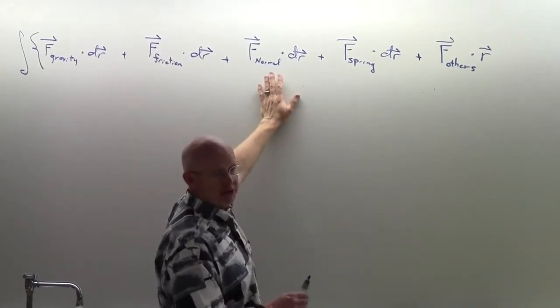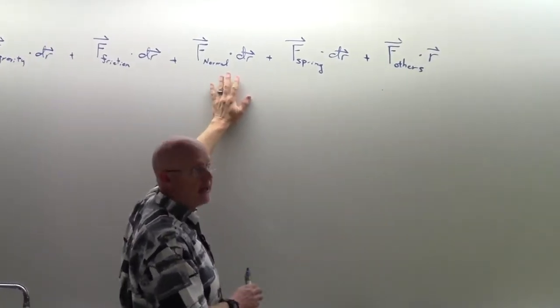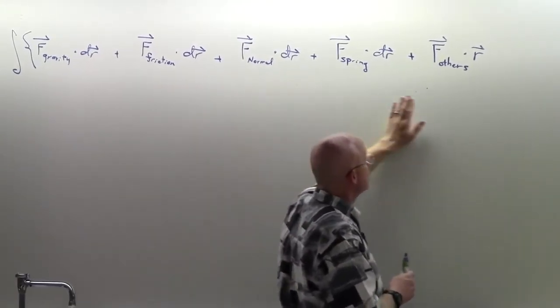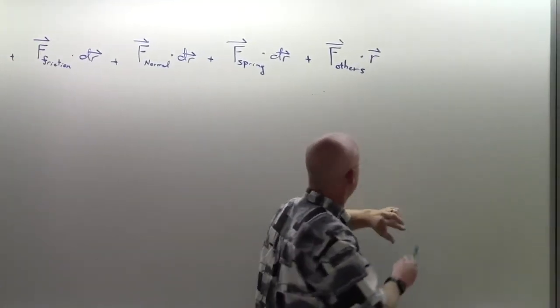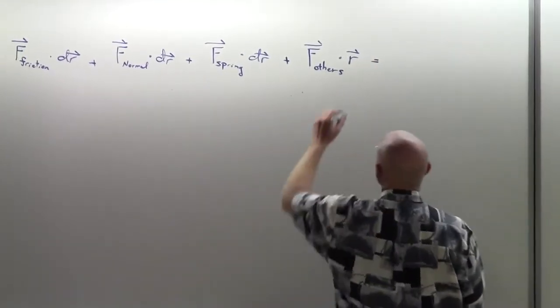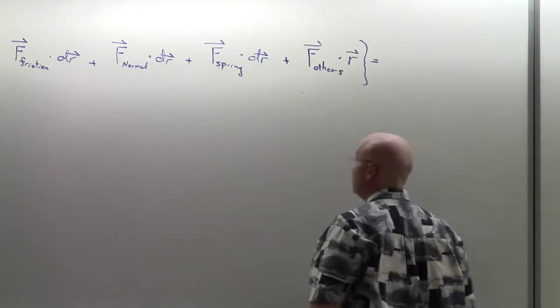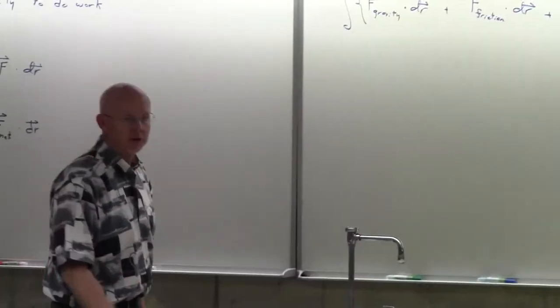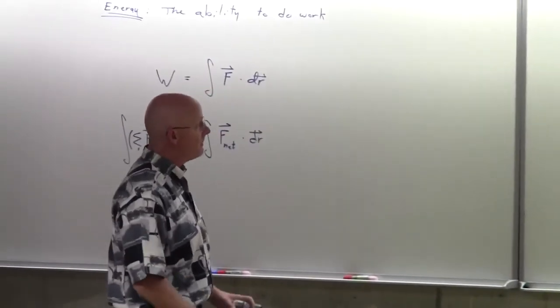The normal, as you'll see, is not a game changer in any way. So somebody said it and I'll put it there. But it also wants to leave the door open for other forces.